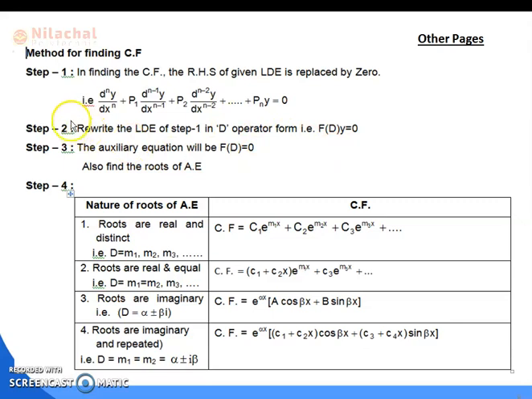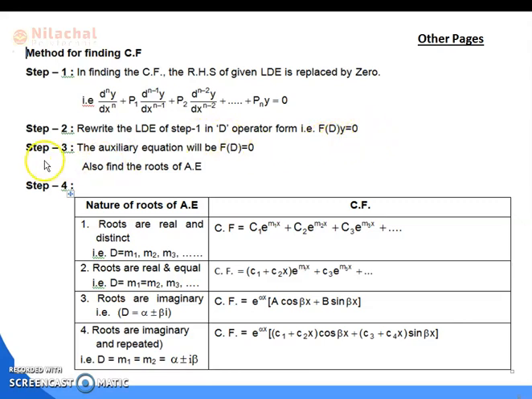For nth order, we write capital D to the power n y. For d^(n-1) y by dx^(n-1), we write capital D to the power n minus 1 y, like this. So we have to convert the total equation into D operator form, and it will be written as f of D of y equal to 0.